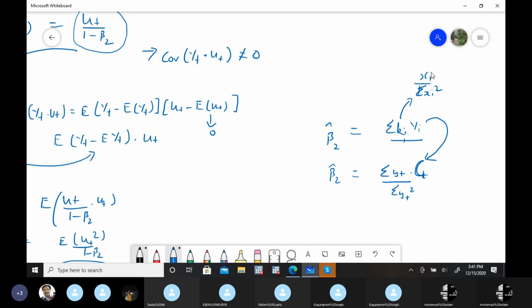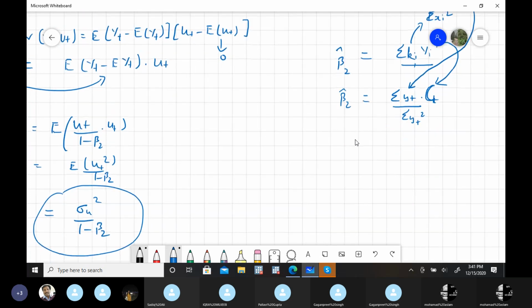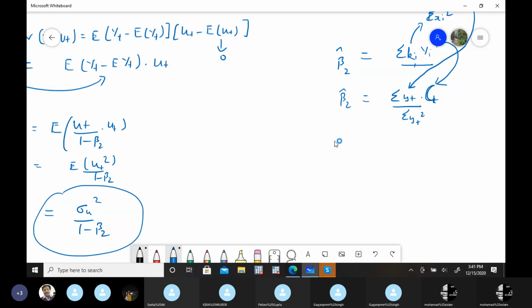So in place of x as the independent variable, here it is y. So I'm going to use this particular equation to prove the results are not unbiased but biased. As we did in the OLS bivariate case, just put the population function here. This consumption function is beta 1 plus beta 2 Yt plus this residual, divided by summation yt square.